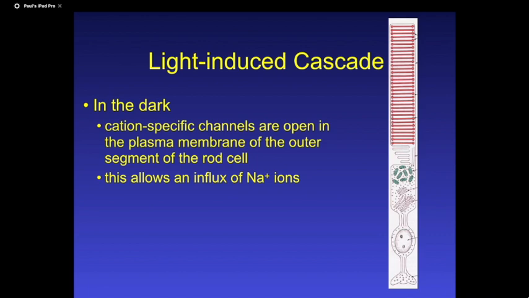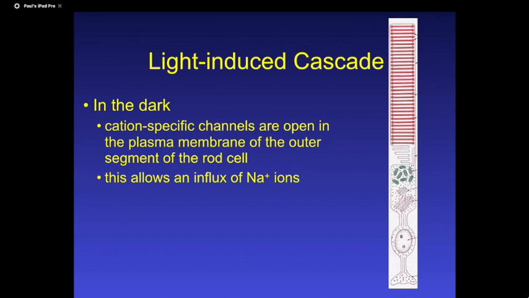Okay, this is in the dark. So we are going to have a response when light shines, right? And so if it is flowing in the dark, what do you suspect will happen when the light shines? Shuts the channel. Shut the channel, and that'll stop that flow.